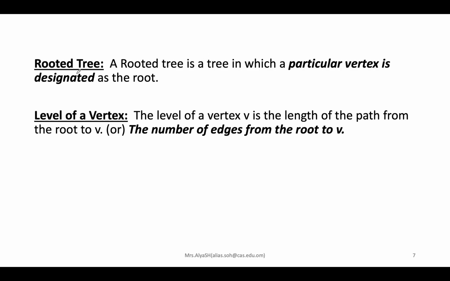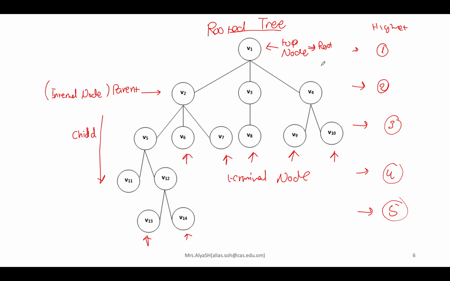Now a rooted tree is basically a tree in which a particular vertex is designated as the root, which is the first or the very top node. Level of a vertex is the length of the path from the root to V, or the number of edges from the root to V. Now if we go back here, we can see that the level of this rooted tree is the number of edges from the top node until the last terminal node.